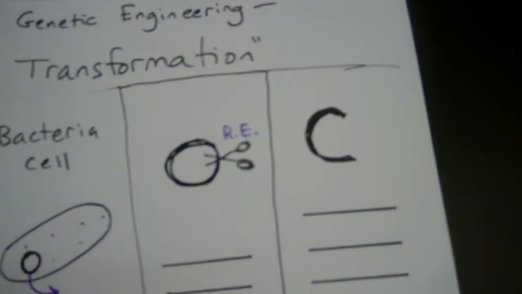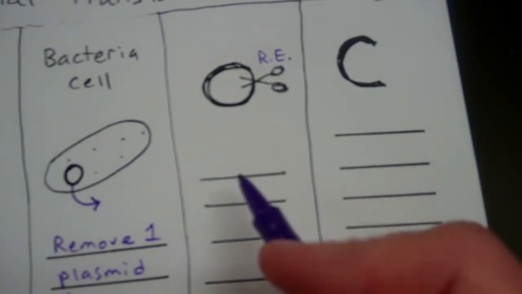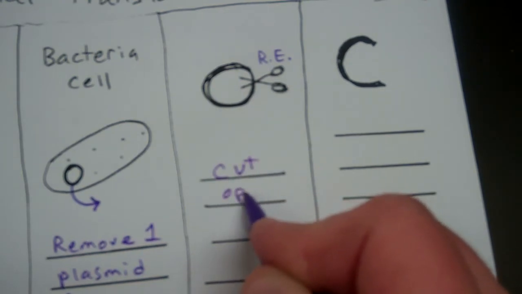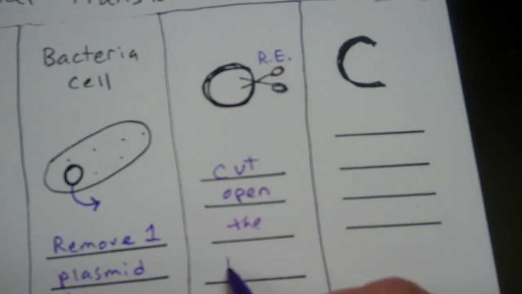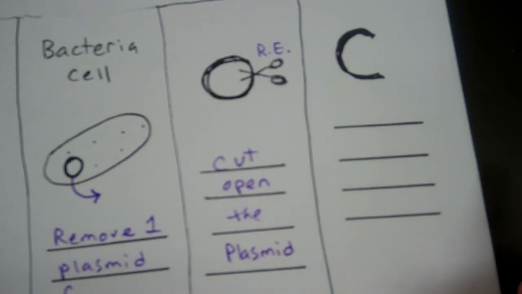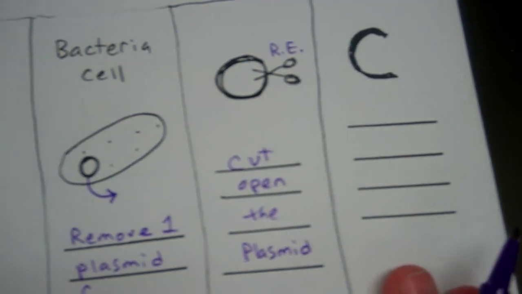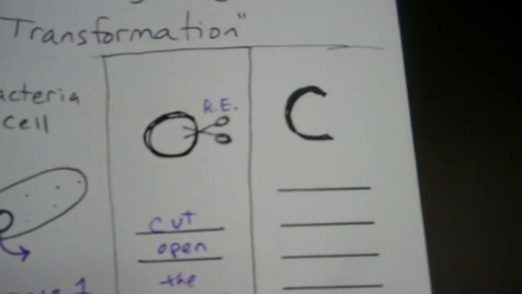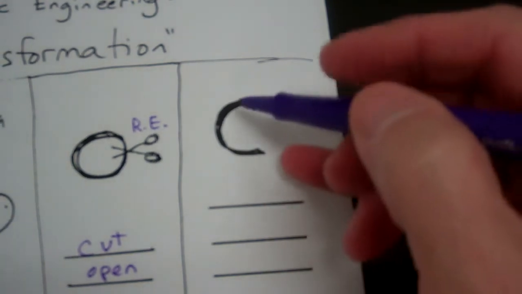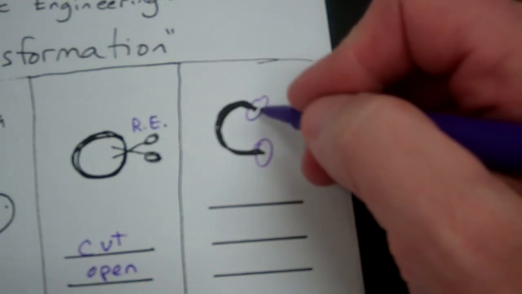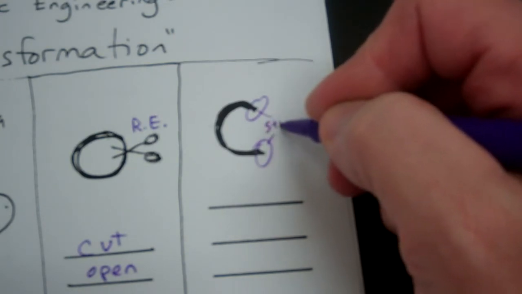All right, so for our next little picture, we're just going to write that we are going to cut open the plasmid. All right, so we're using our restriction enzyme to cut the plasmid. We're using our restriction enzyme to cut the DNA chromosome. Okay, these little ends, now that we have opened up the plasmid, these little ends here are called sticky ends.